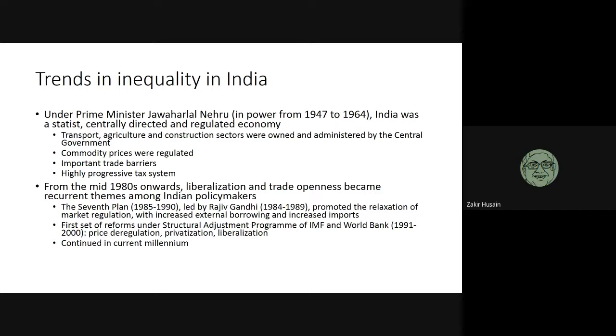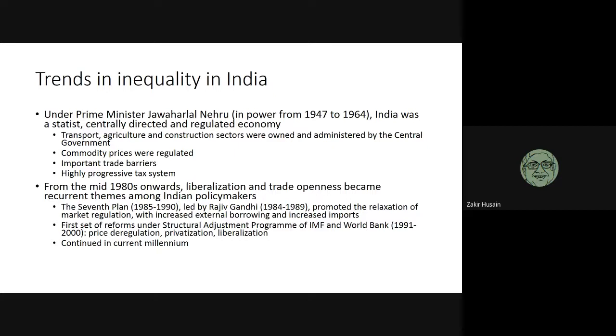Now, if you look at the trends in inequality in India, in the initial 15 years or so after planning, India was a very static, centrally directed and regulated economy.